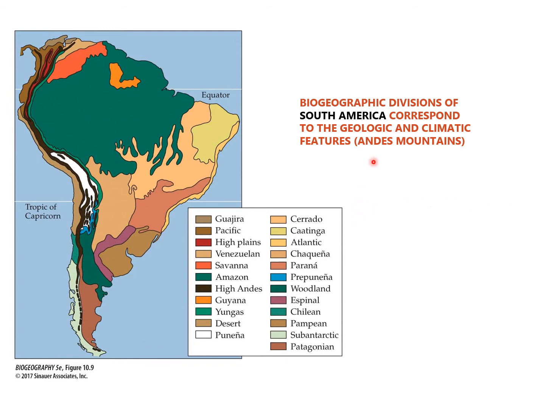So here we're looking at the biogeographic provinces of South America, and we can see that they correspond largely to the geologic and climatic features in South America, specifically the Andes Mountains, which is probably the most prominent geologic feature of South America. And so you have the Andes Mountains running along the western coast here. You can see a lot of differentiation, lots of fine scale changes in the biogeographic provinces that exist in there.